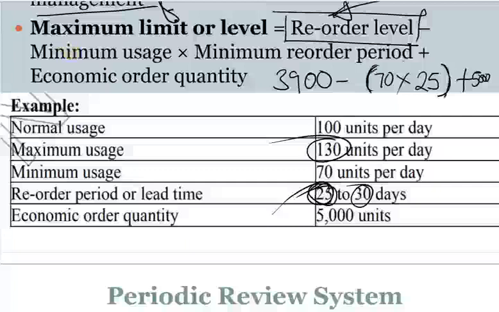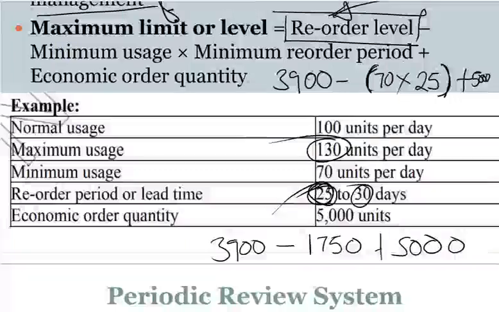So we're going to say 70 times 25, which should give us 1,750. So we have 3,900 minus 1,750 plus 5,000.